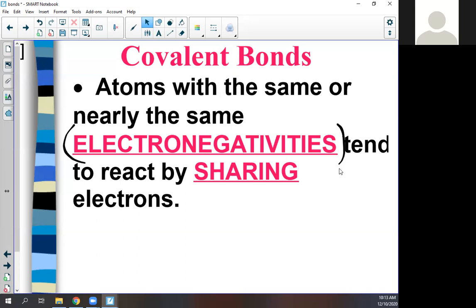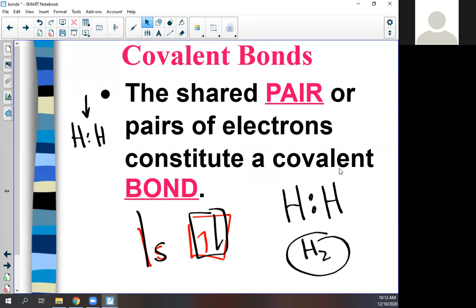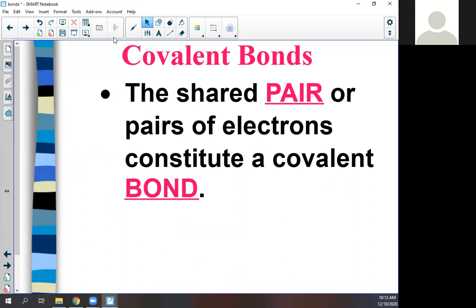Like, I have no choice. It's just stolen from me. But when they're similar in strength, they have to share. And so that's when we get two nonmetals reacting with each other. So here we go. The shared pair or pairs of electrons constitutes a covalent bond.